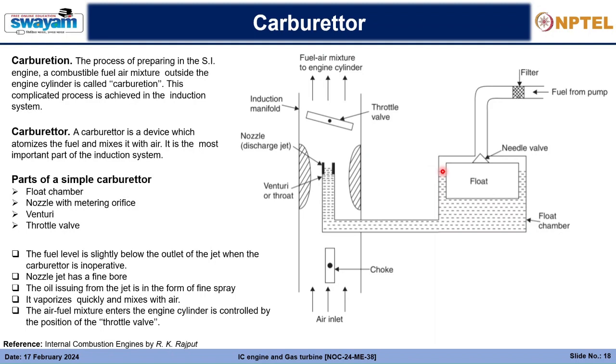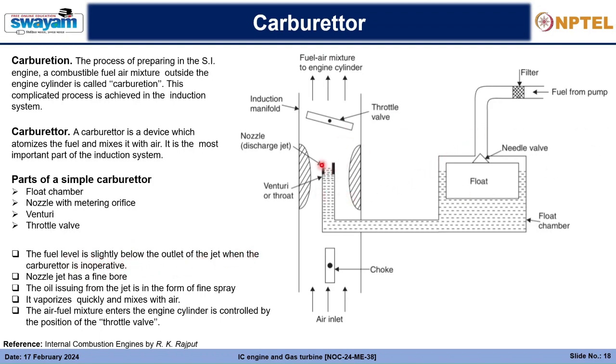If the oil level would be a little bit higher, there will be a static head, a pressure head acting upon this nozzle, and that way the fuel will escape, right? But if the oil level is lower, no fuel will escape into the venturi. So that's how it is designed, such that the fuel level is slightly below the outlet of the jet when the carburetor is inoperative.